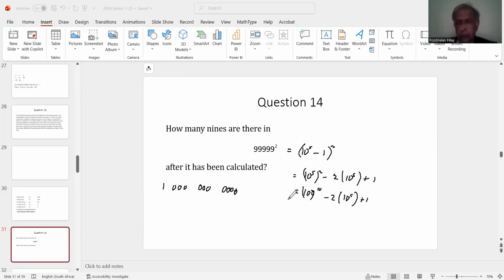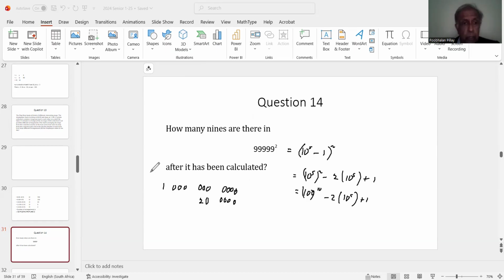Right? 10 to the 4 is 10,000, so 10 to the 5 is 100,000. So you're going to subtract 200,000 from this. Point is, 200,000 has got 5 zeros. So you got 4, 1 more, and the 2 is there. So I'm going to subtract these 2, and I'm going to add 1 at the end.